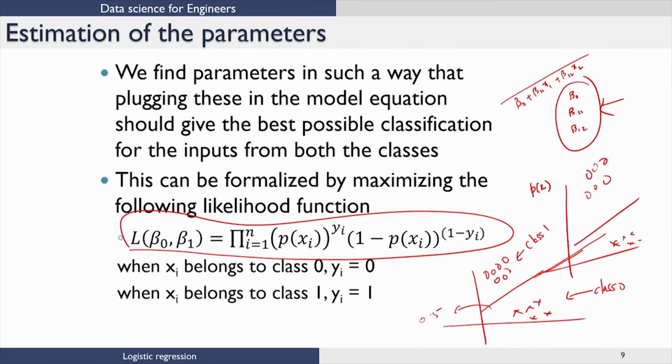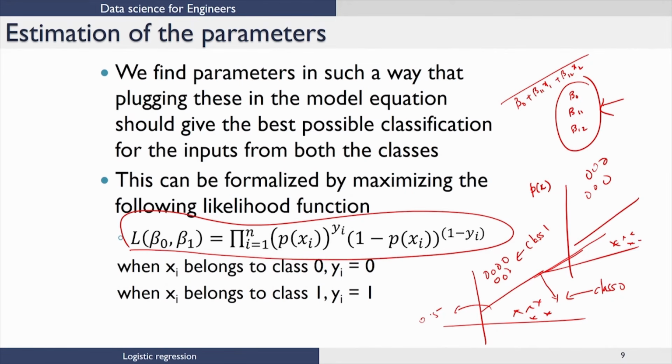Now, you can interpret it in many ways. One thing would be to say, as I go away from this line in this direction, I want the probability of the data belonging to class 1 to keep decreasing.